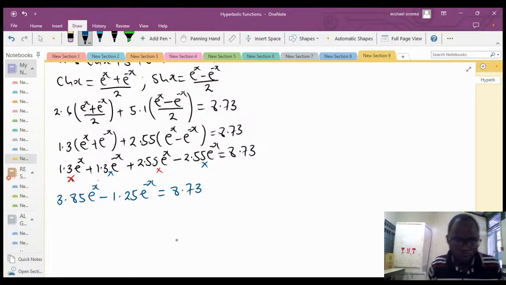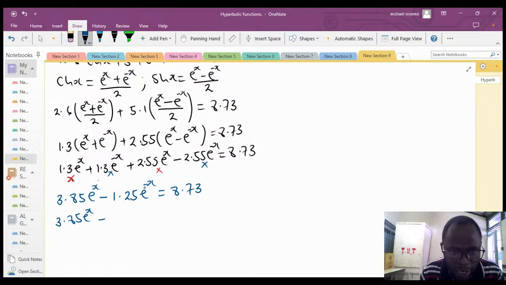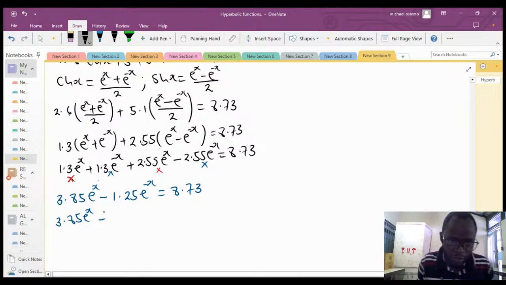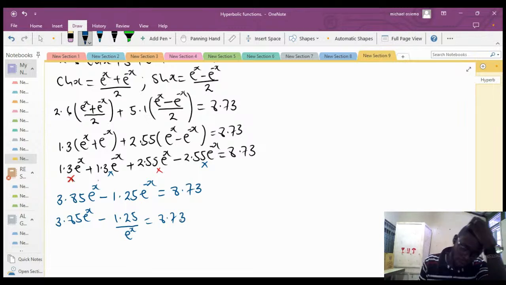The reason I'm saying multiply through by exponential x is because we can write this as 3.85 exponential x minus 1.25 over exponential x is equal to 8.73. So why have we brought it down?